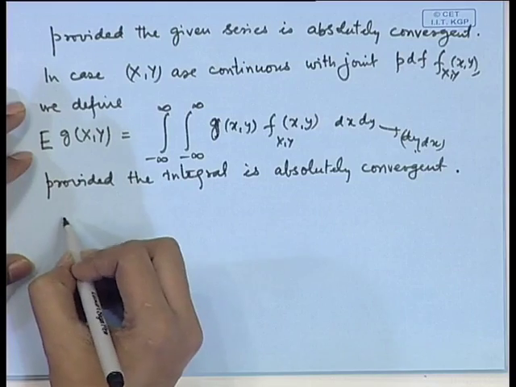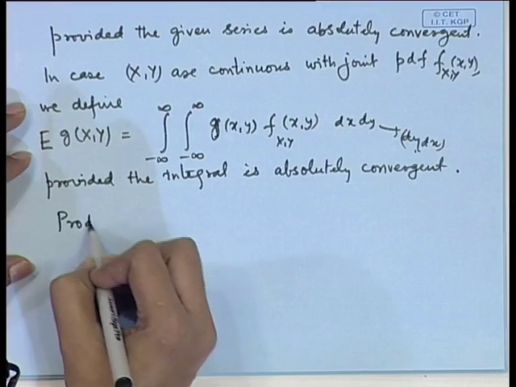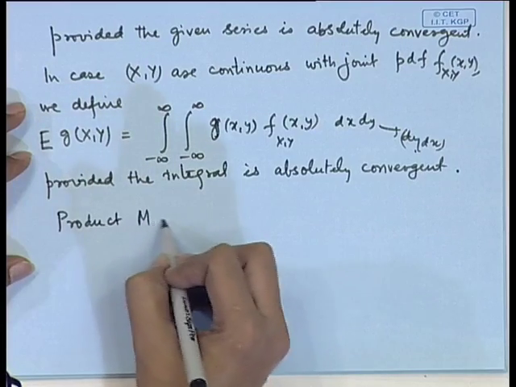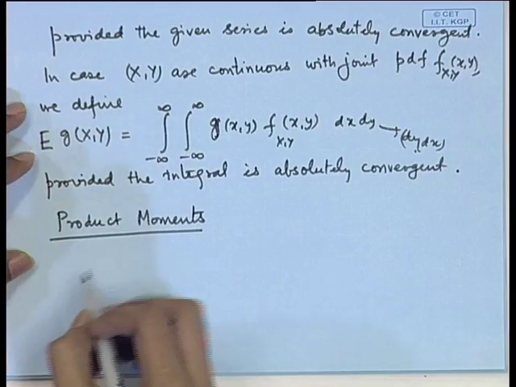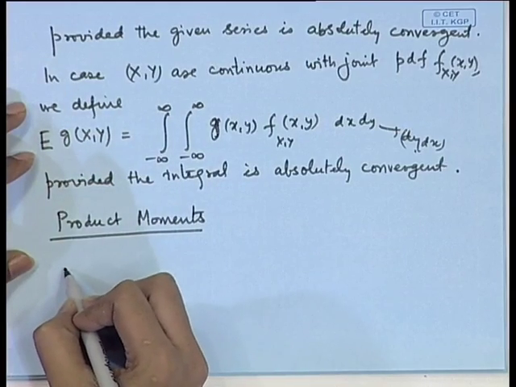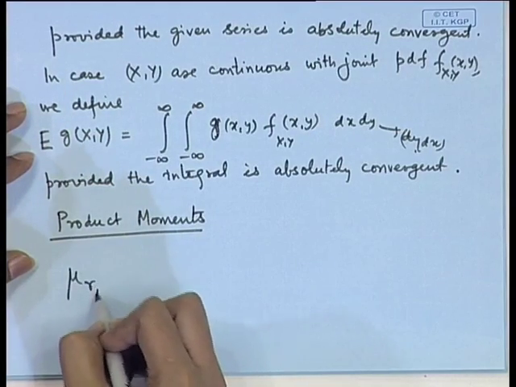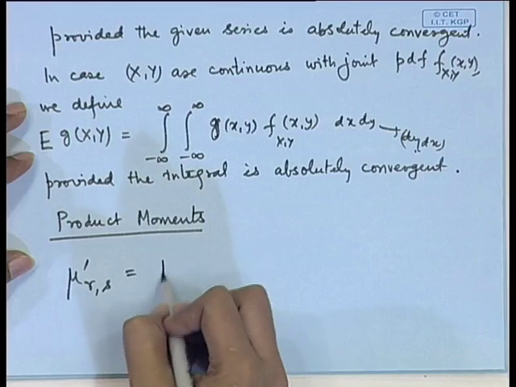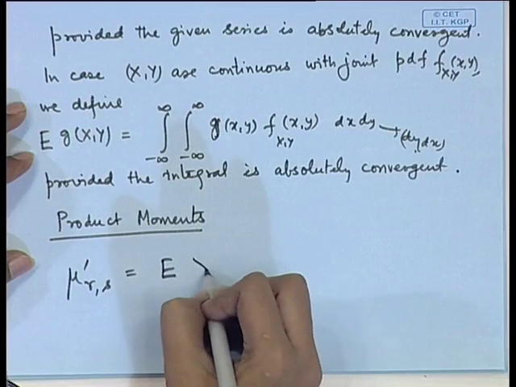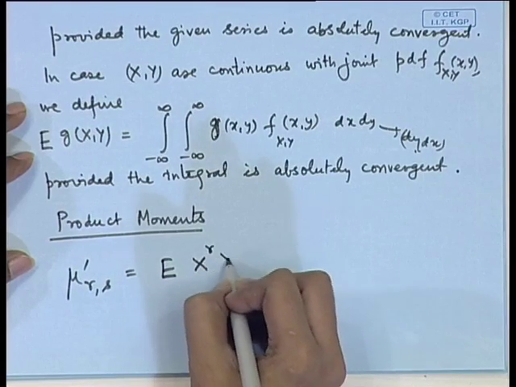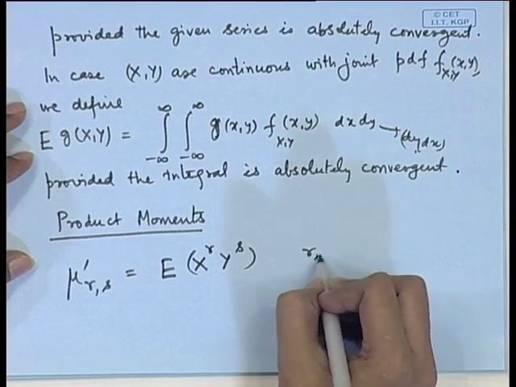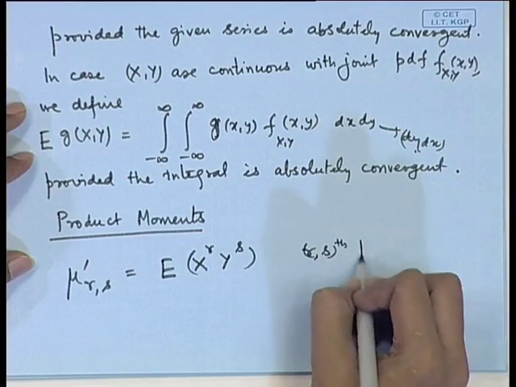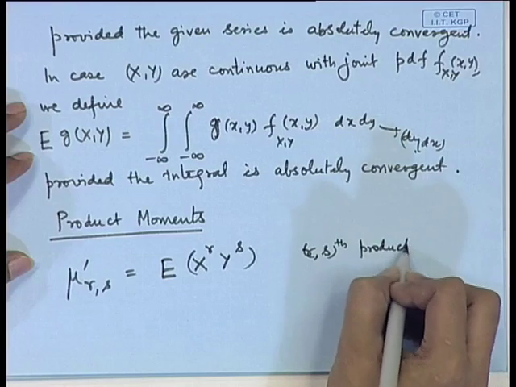Now, in particular we will be concerned about product moments. So, we define mu'_{r,s} as expectation of X to the power r Y to the power s. This is the (r, s)th product moment.